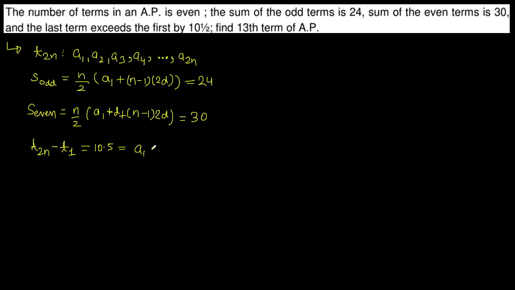The last term is a1 plus (2n minus 1) into d, minus a1. This is (2n minus 1) into d, which is 10.5, which is 21 by 2.